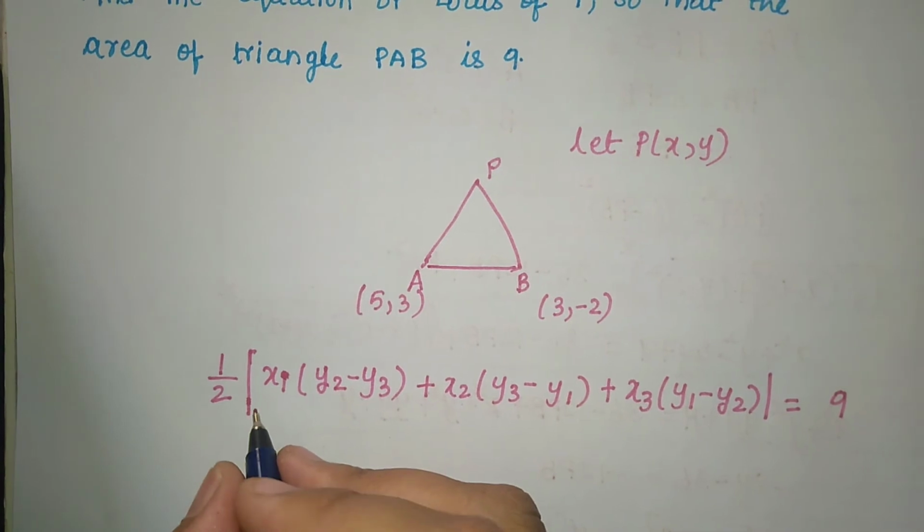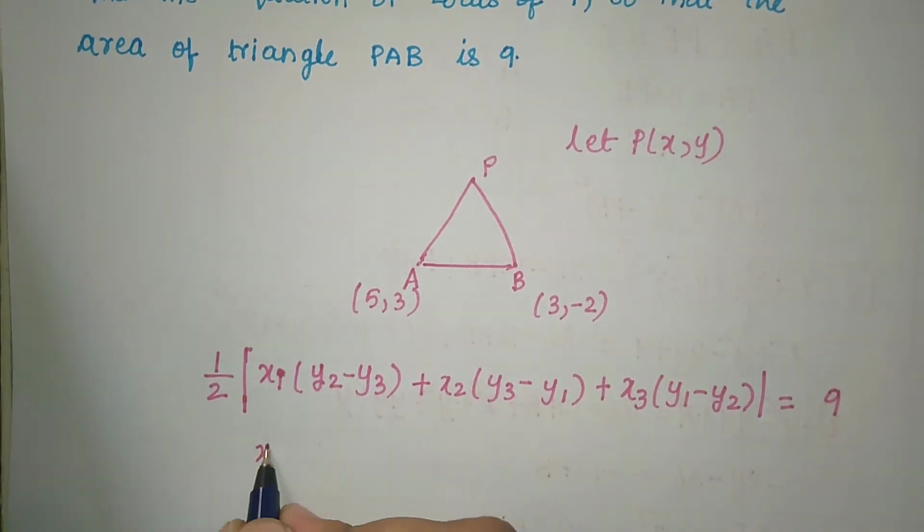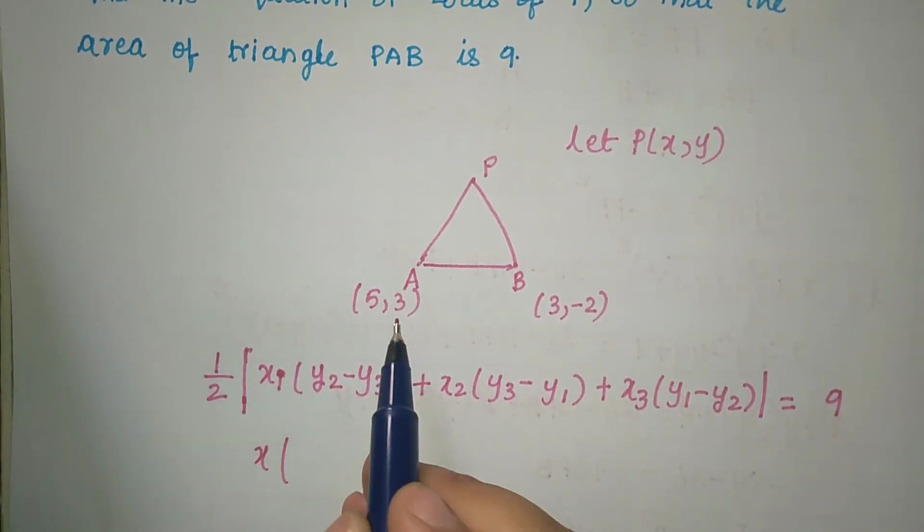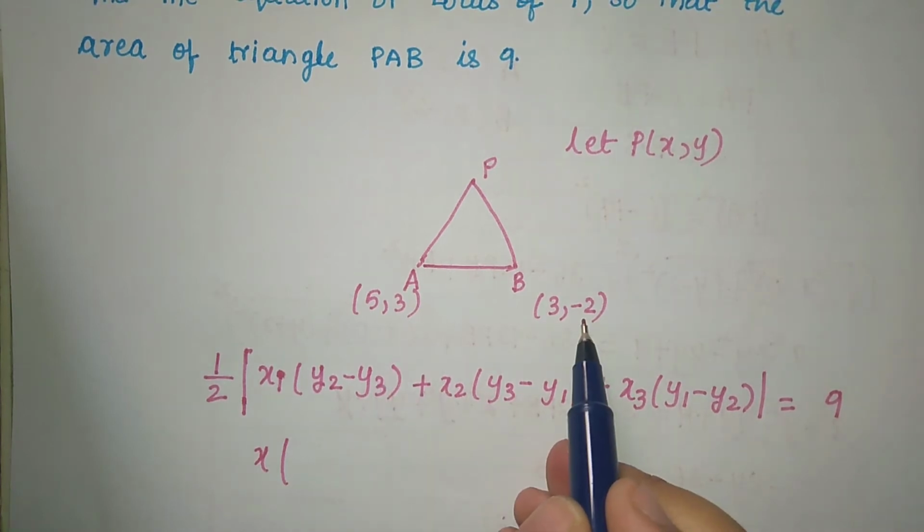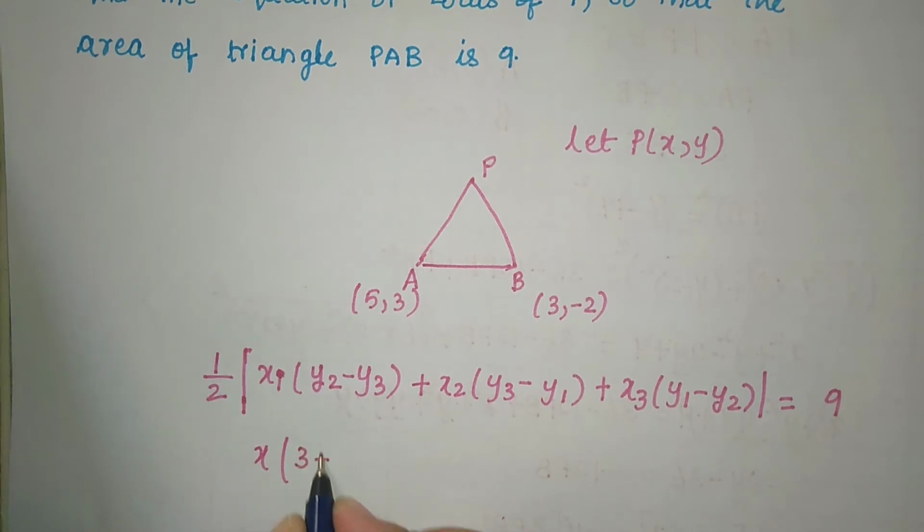So take x1 as this one, x into y2, 3 minus of minus 2. So 3 minus 2, 3 plus 2.